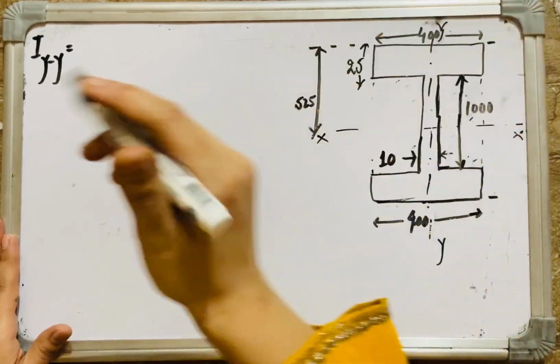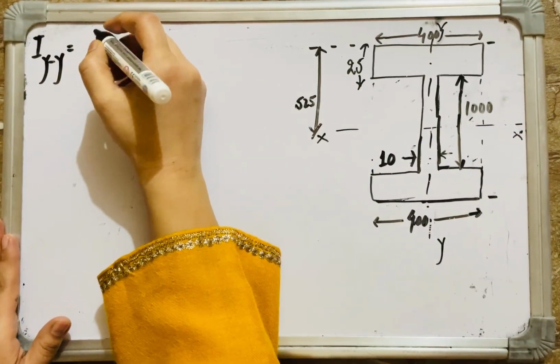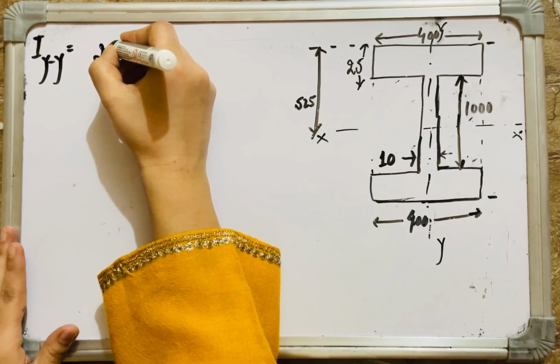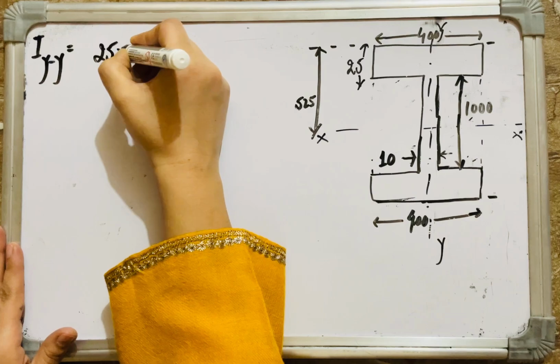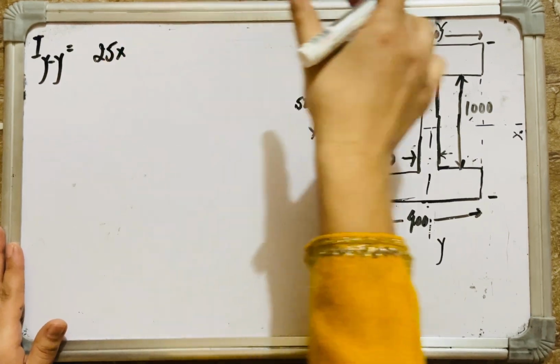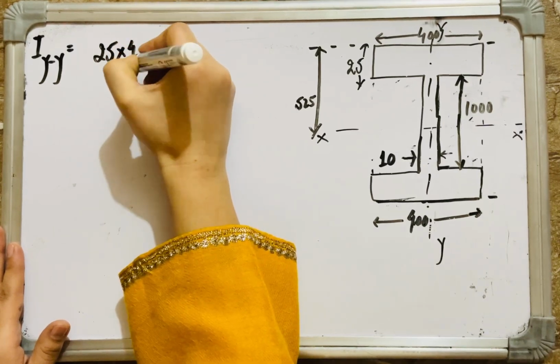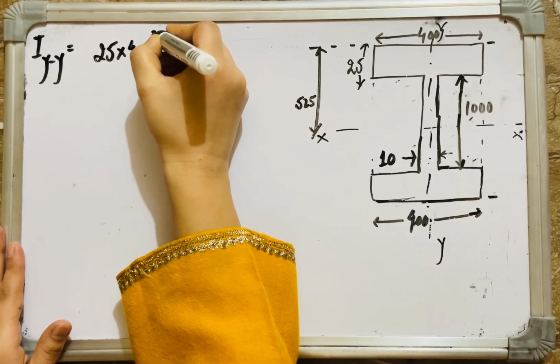All right, now let's calculate. BD cube by 12, or BH cube by 12. So 25 multiplied by 400 cube by 12.